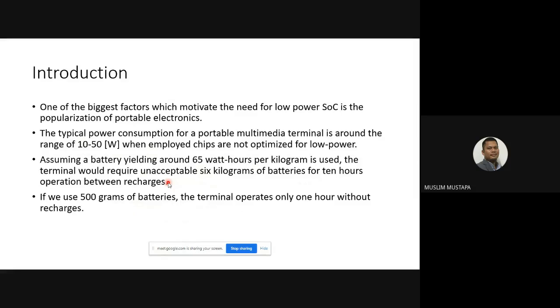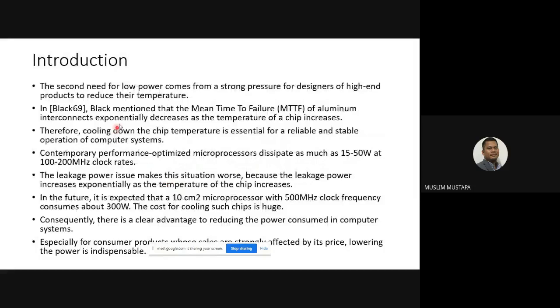Alright, the second need for low power comes from strong pressure on designers of high-end products to reduce their temperature. This is one of the researchers, Black, 69. He mentioned, because our approach is going to be a lot more of an academic discussion on how we can deal with power management inside the SoC, that the mean time to failure of aluminum interconnects exponentially decreases as the temperature of a chip increases, right?